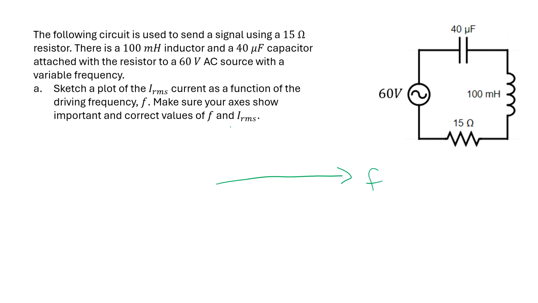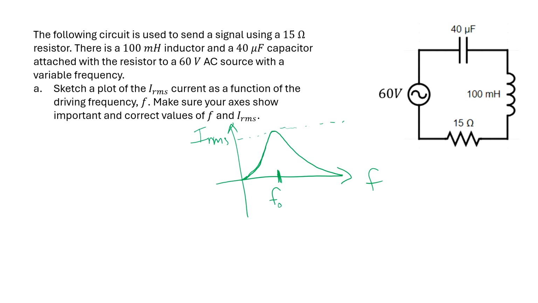Here's F, here's IRMS specifically, and it just needs to have a peaky value, and it goes down to 0 at low frequencies and at high frequencies. At low and high frequencies, the capacitor and inductor kind of kill the circuit, and they become like big, strong resistors. But there's this sweet spot in between, not exactly the middle, just somewhere in between. And this is what we call F naught.